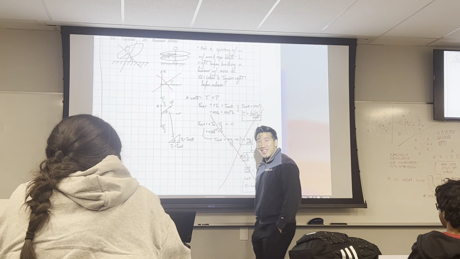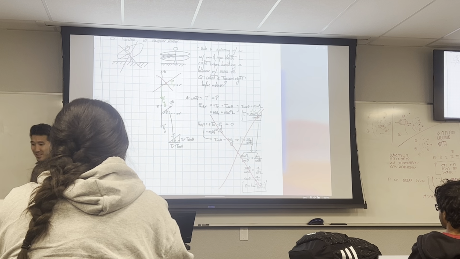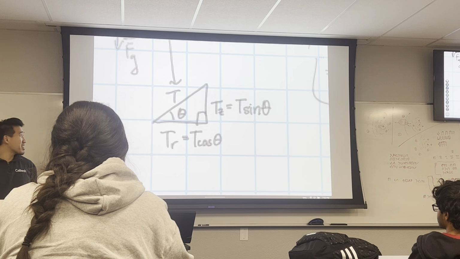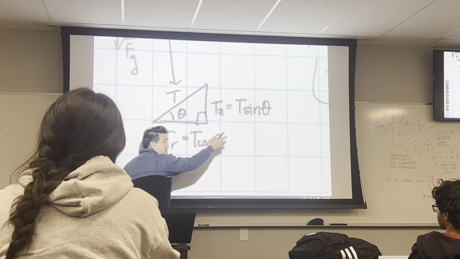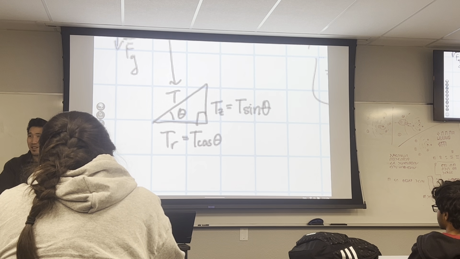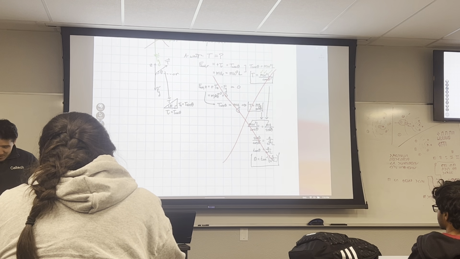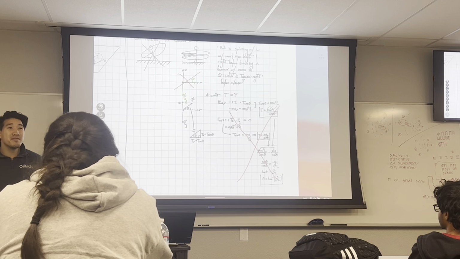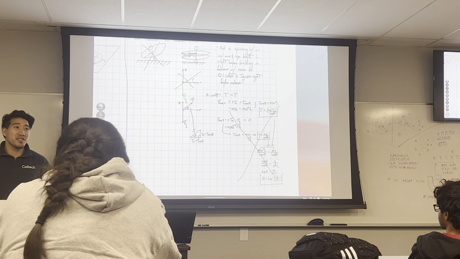Is it because one is tension in the R direction and the other is tension in the Z direction? No, that is okay. We properly accounted for the directionality with the trig. Are the arm and the rope connected? Yes.